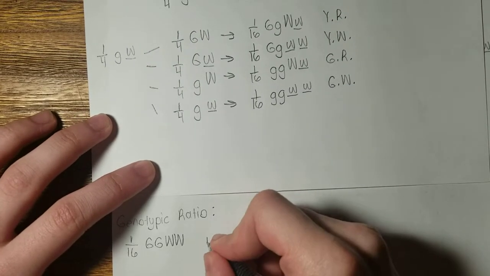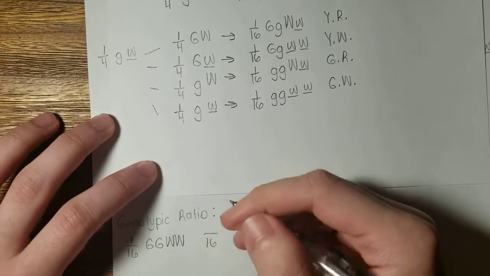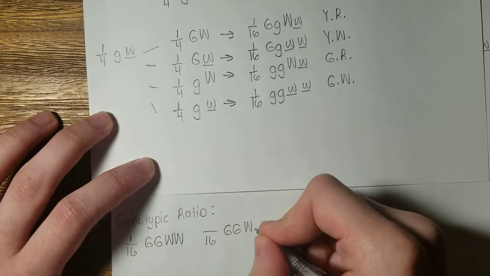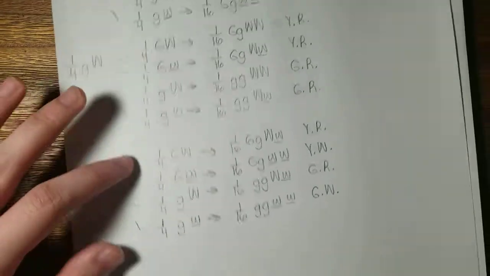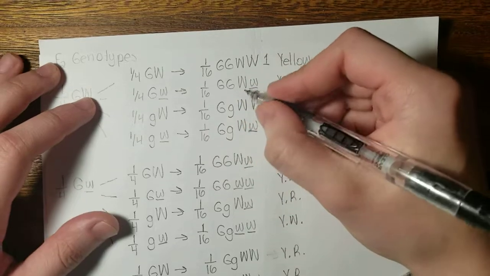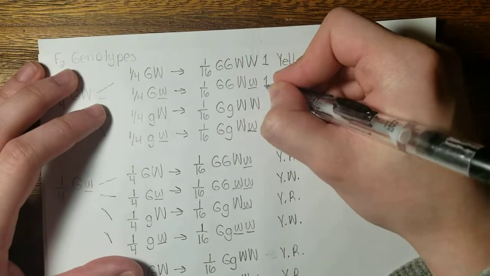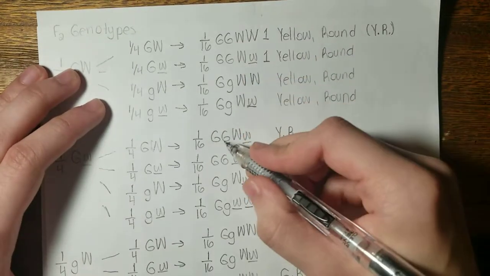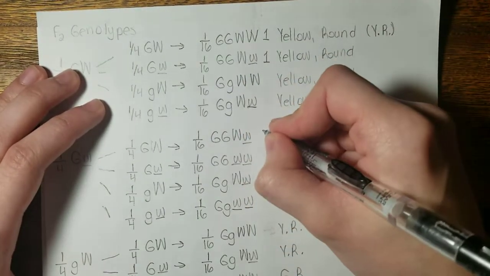Now we're going to count how many of big G, big W, little W's there are. So going back to our list, big G, big W, little W, here goes 1. So big G, big W, little W, here goes 2.